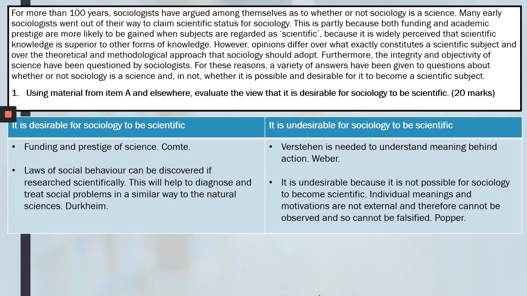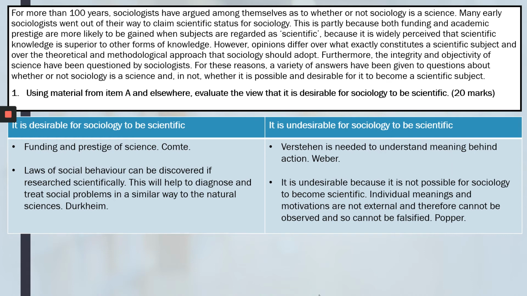And then the second paragraph, you can use Durkheim's arguments about how laws of social behaviour can be discovered. In the same way in the natural world, there are laws about gravity, there are laws about our social behaviour in society. So Durkheim compares being a sociologist to being a medical doctor.